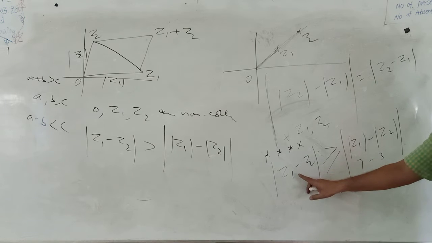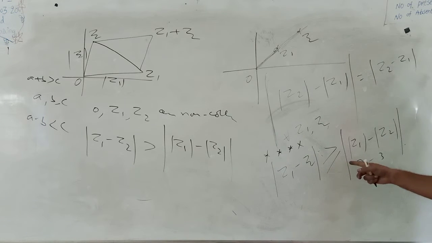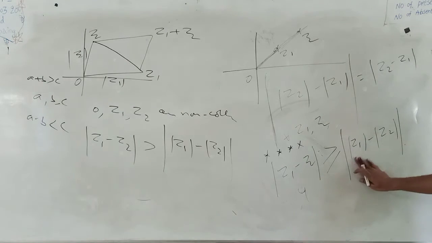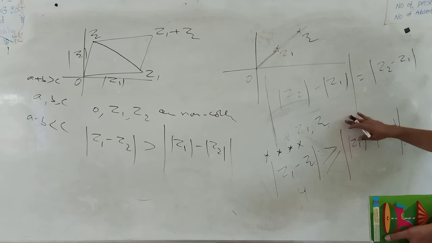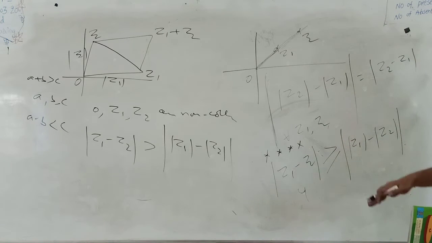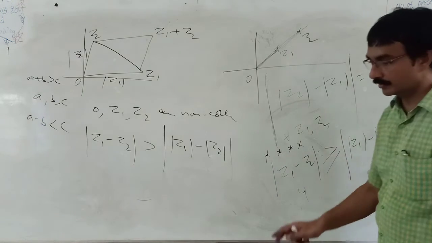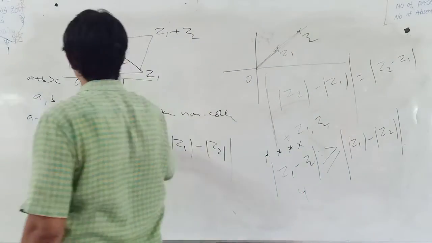Or: the value of modulus of Z1 minus Z2 is given, find the maximum value of modulus of mod Z1 minus mod Z2. Suppose this is 4. Now we have this is less than or equal to 4, which means the maximum value of that one is 4. Yes, two problems can be created based on that one.